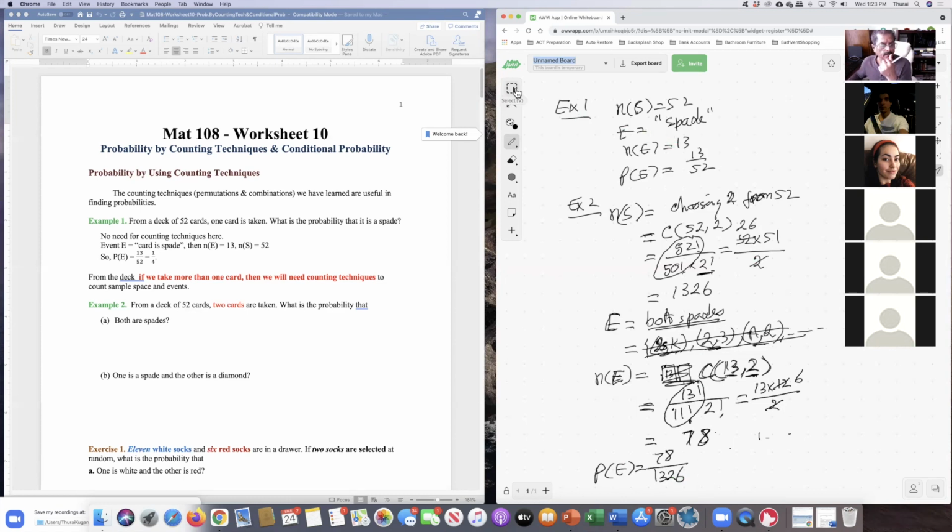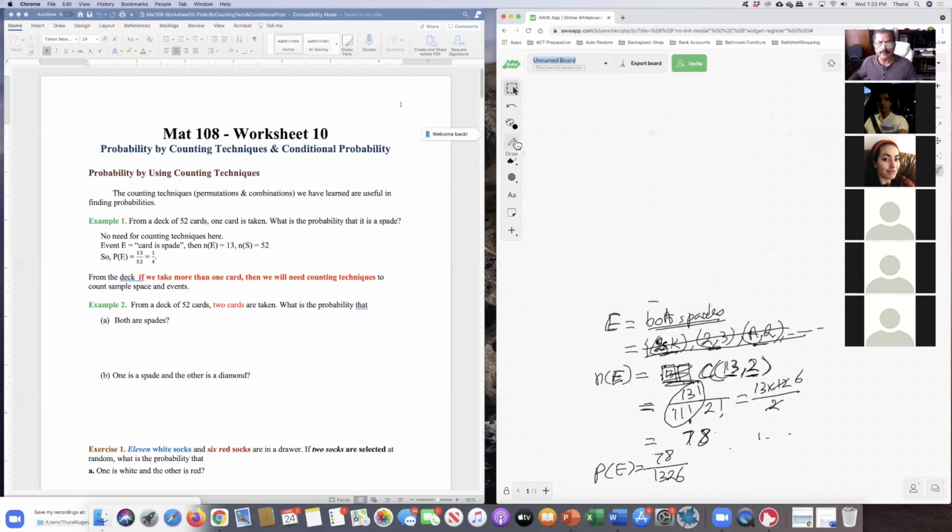So let me do the second part of that. We have the count of the sample space. The second part says one is a spade and the other is a diamond. So the event F is going to be one spade, one diamond.